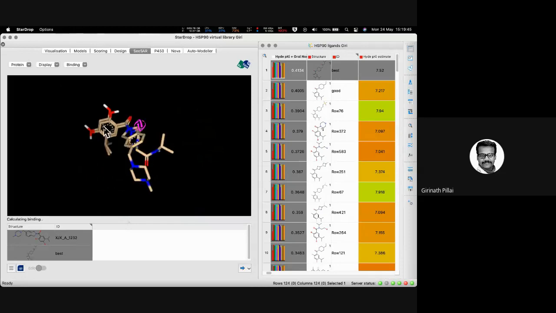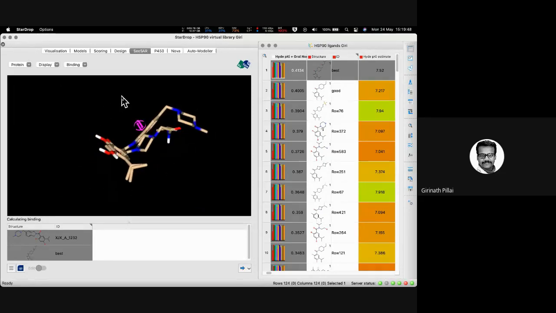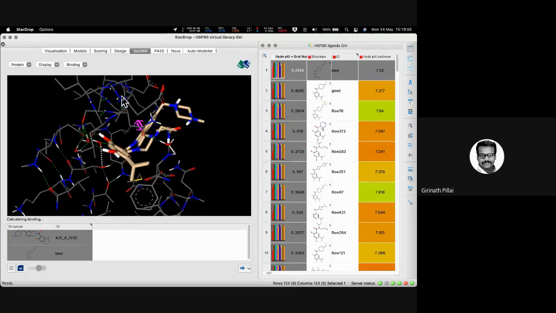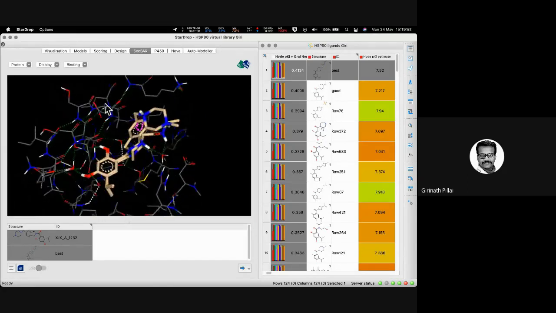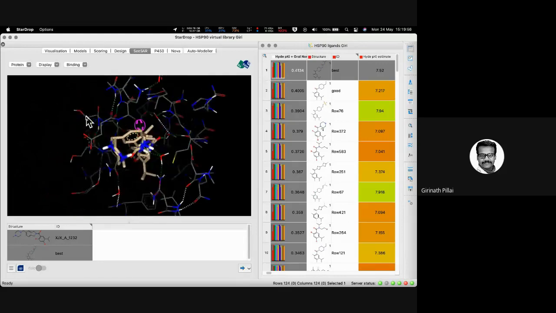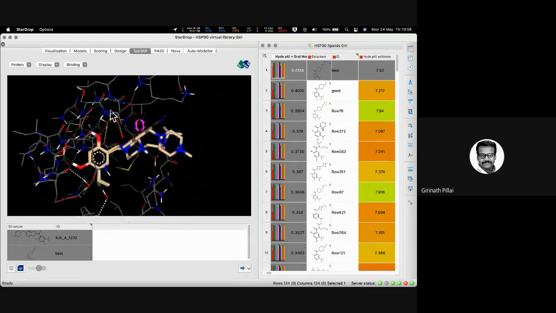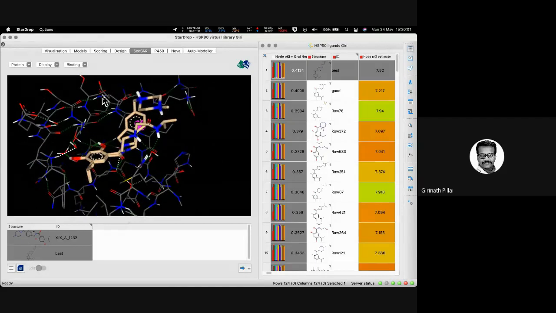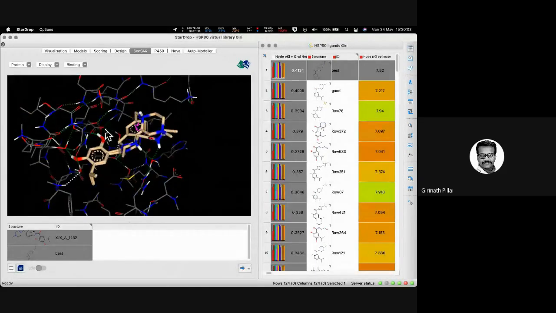So this is the compound which is having different bioactive conformations. When you're performing docking, we are trying to identify the bioactive conformation. And you can see the interaction that is taking place with certain amino acids, as well as a water bridge, which is also coming up, right?